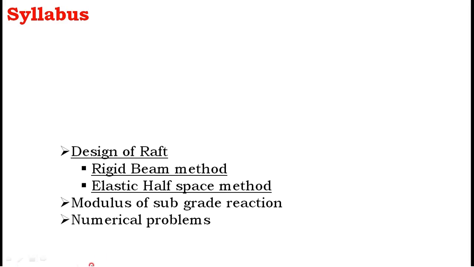Many names are there. After that we will discuss modulus of subgrade reaction, what it is, and its role in mat foundation design. In the next or coming classes, I will discuss 2 or 3 numerical problems.